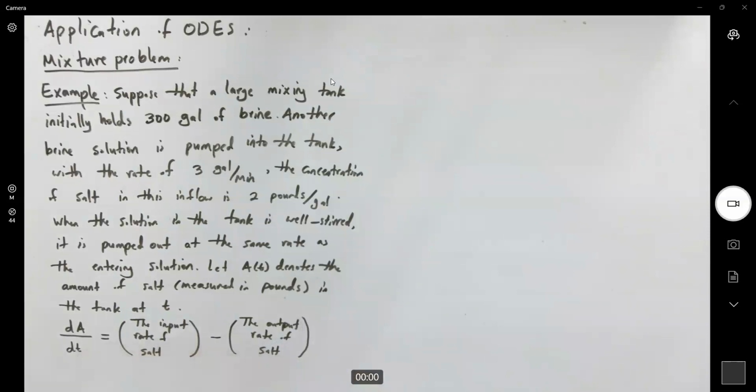So how do we solve this differential equation? This is our model, and we try to write this mathematically. Let us denote the input rate of salt as R sub in and the output rate of salt as R sub out. How do we formulate these two?